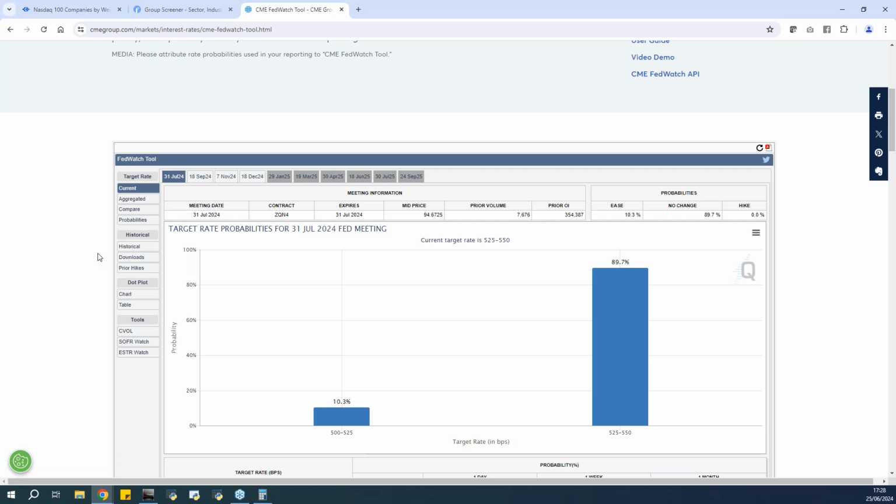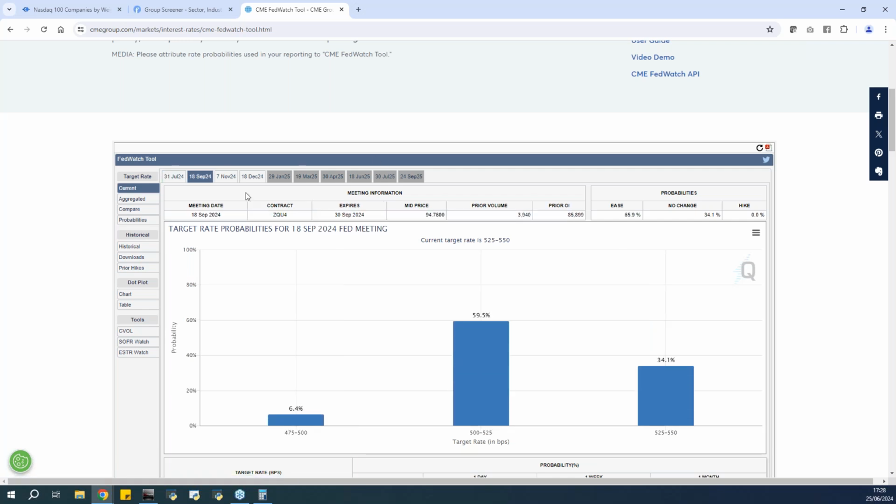At the moment, the main possibility actually is November, even though most people are talking about September. Based on the indicator, it's November. Sorry, apologies, September. Now, here, ladies and gentlemen, we can see the possibility of an interest rate cut in September is 59.5, and the possibility of a pause is 34.